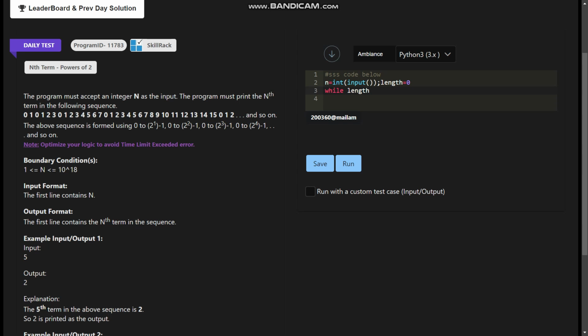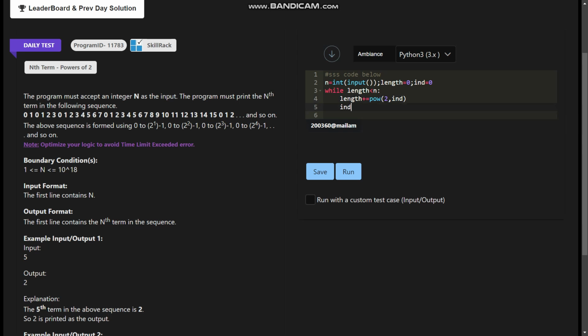Okay, the length should be less than n, then only the loop should run, and the index value is also 0. Length plus equal to power of 2 comma index, and the index should be incremented.